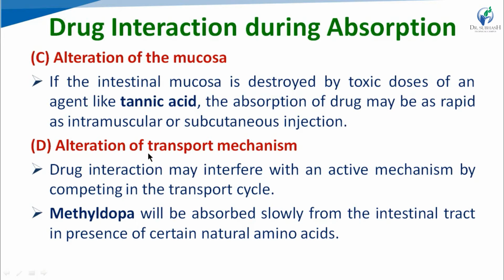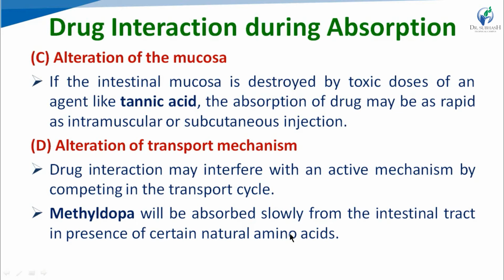Then alteration of the transport mechanism. Drug interaction may interfere with an active mechanism by competing in the transport cycle. देखिए अगर यहाँ पे interaction, that means active transport, अगर हो रहा है तो in this condition it will also play an important role when there is absorption of the particular drug. For example, methyldopa will be absorbed slowly from the intestinal tract in the presence of certain natural amino acids.